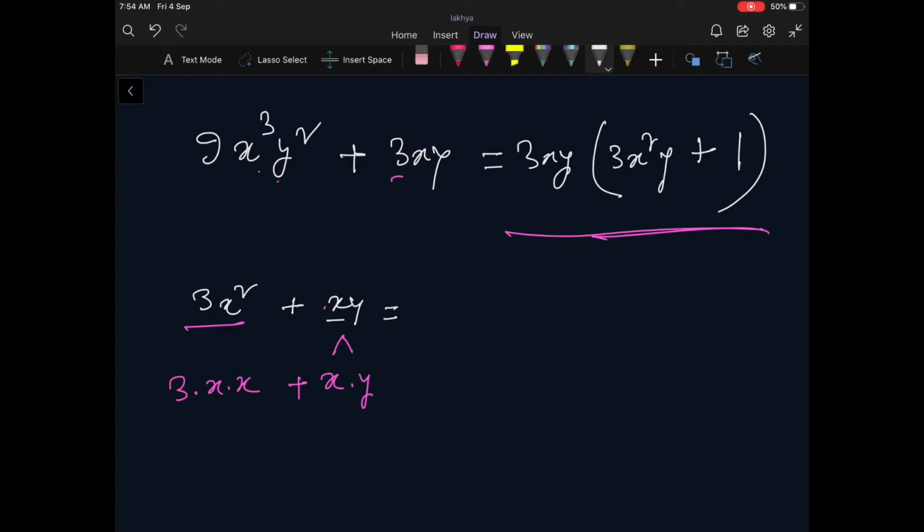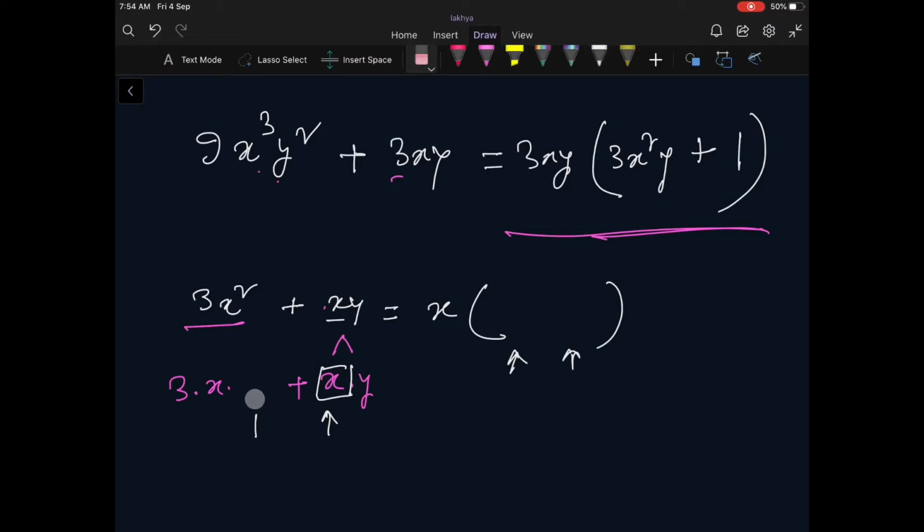In these two, what is the common factor you can take common? Common factor means which is present in both the terms. So here x is the common term. X is present in both the terms, so that's why x is the common factor here. So let us take x common, then write the remaining terms within bracket. What are the remaining terms?